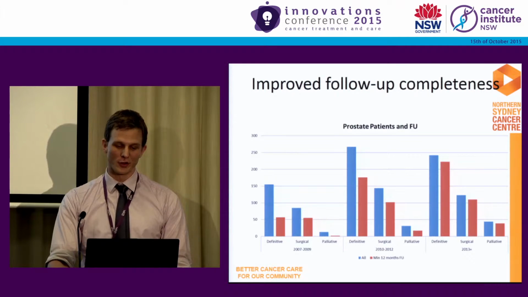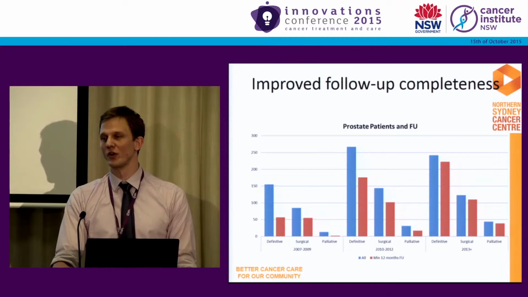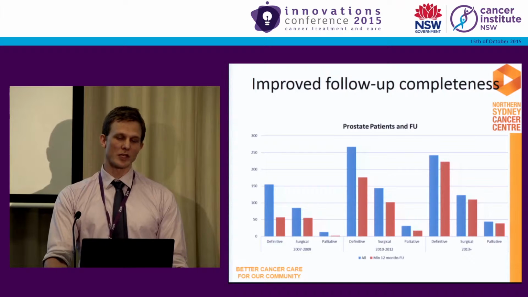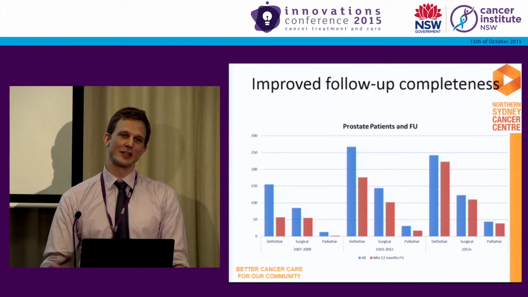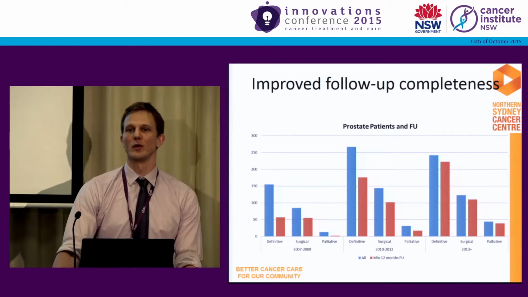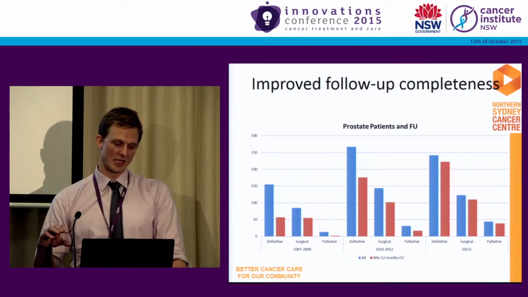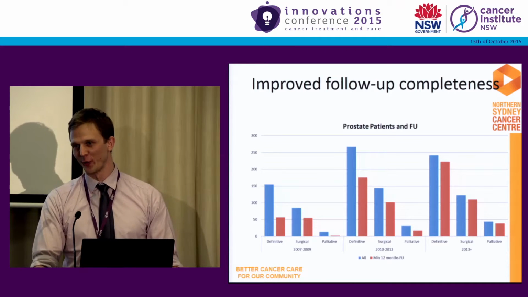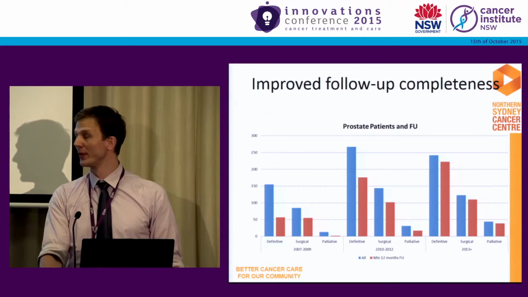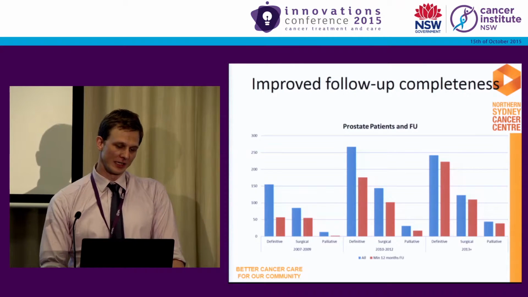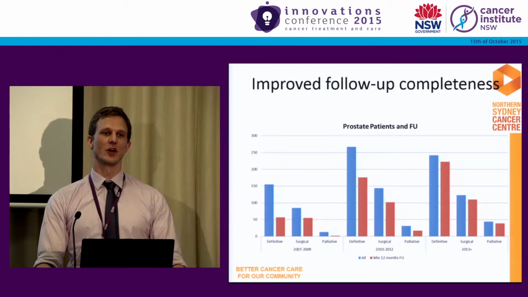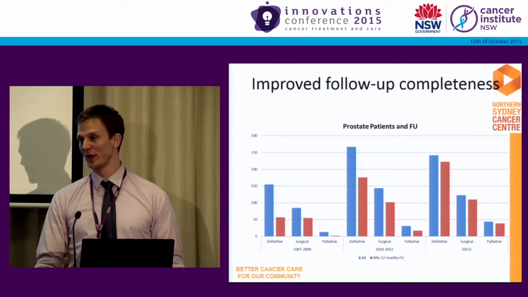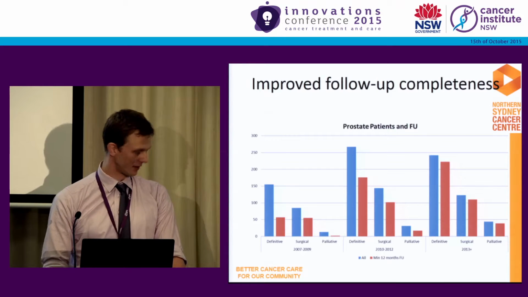And from 2013 on, almost all the patients had follow-up data. We achieved this by getting senior clinician buy-in. Once the senior clinicians endorsed and enforced in a way the usage of the database, the data improved. So this is not just a technological issue, but also a change management social problem that needs to be addressed.